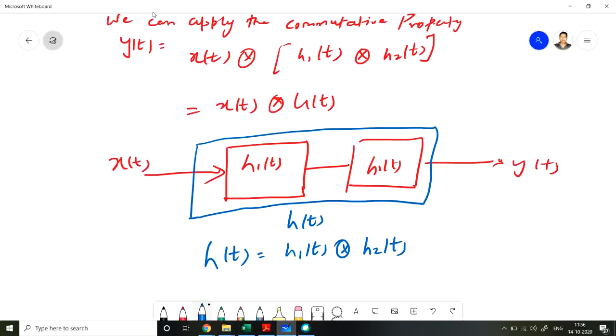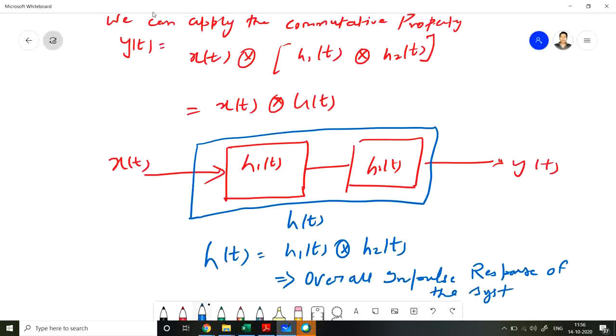So this h(t) is basically the overall impulse response of the system.